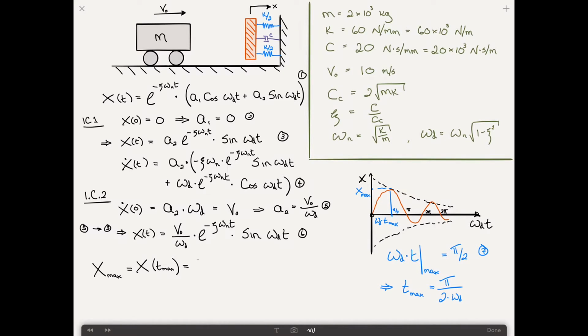So we know that this is v0 divided by omega d times e to the minus zeta omega n times t max, which is pi divided by 2 omega d. Equation 8.